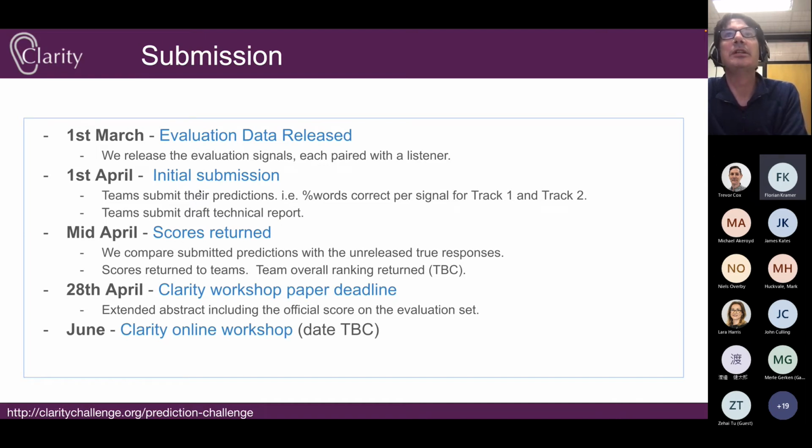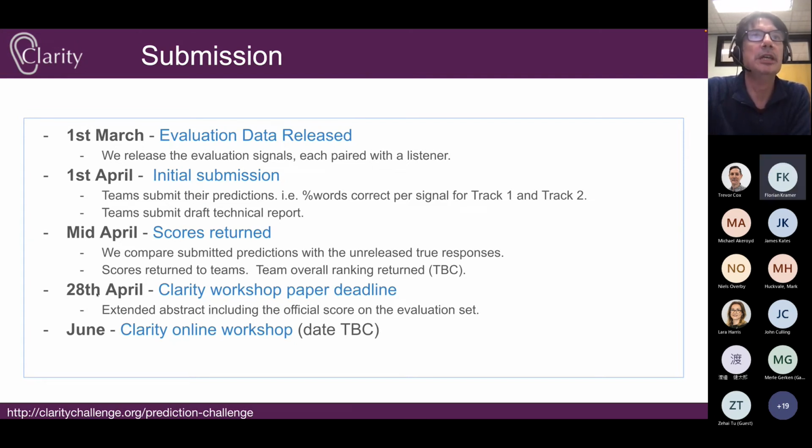We then take your predictions, and we score them because we know what the actual listener responses are. So we score your predictions and we return to you your responses with your score. So we'd hope to have your scores back to you kind of mid-April. And then we can also produce an overall ranking for the teams.